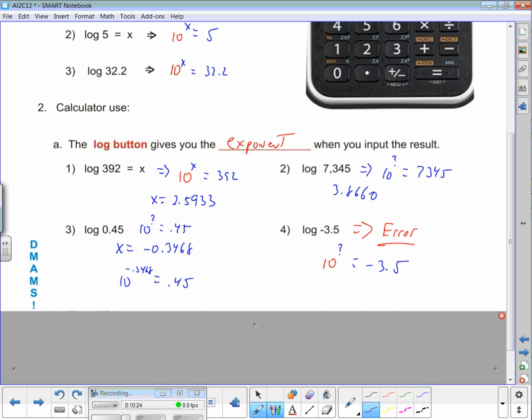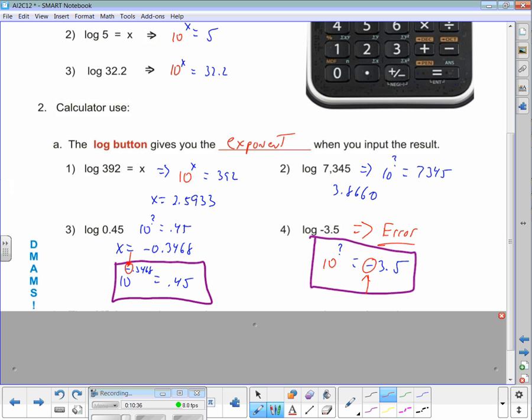But notice the difference in these two looks. In this one, the negative is with the exponent, and in this one, the negative is with the result. So that's the difference in those two. You got a negative with the exponent here, no problem. As Aiden said already, negative here is the issue.